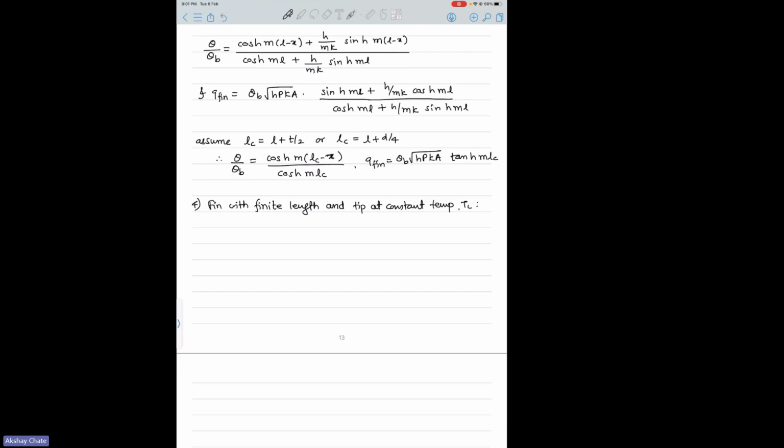But other than that, there is this important thing called fin efficiency.